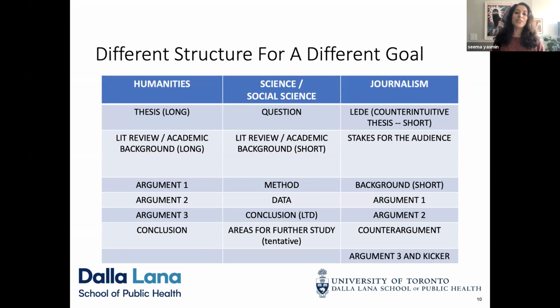Then you get to your kicker, which is the final paragraph of your opinion piece. This is something I used to struggle with when I was first in a newsroom as a staff writer, because I used to try to do two things. One is the sciencey thing, which is like, we need more research, there are still so many unknowns. The other is trying to wrap everything up into a very nice package.